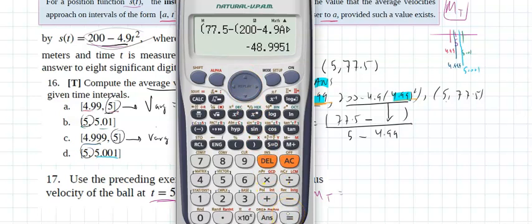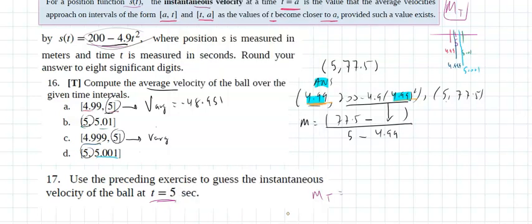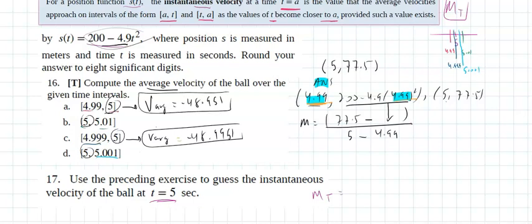Negative 48.9951. Okay, I got two values. I got them logged to one decimal place at least, but this is more accurate. If I round this, that looks like it's a negative 49. Okay, let's see if the other side agrees.